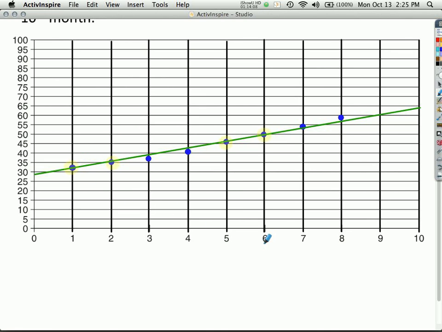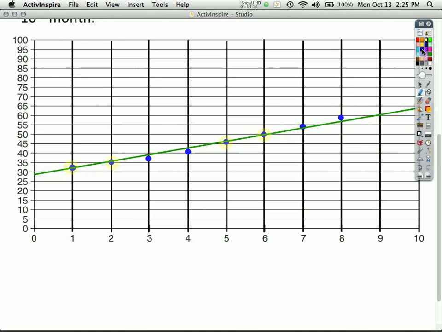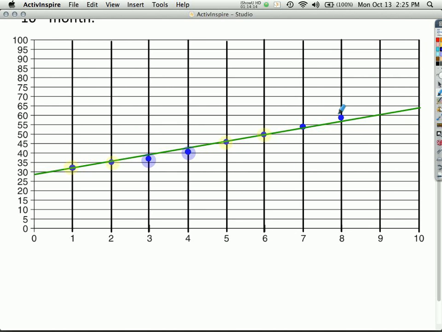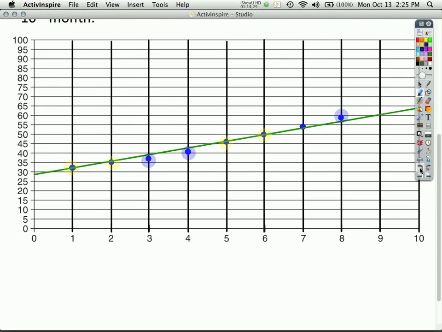So I've got the line to hit 4 points. And I've got 1, 2 below the line, and then I've got 1 above the line and 1 partially above the line. So I've done a good job of balance. And that's the idea, is to try and get it balanced so that there's the same number below as above.